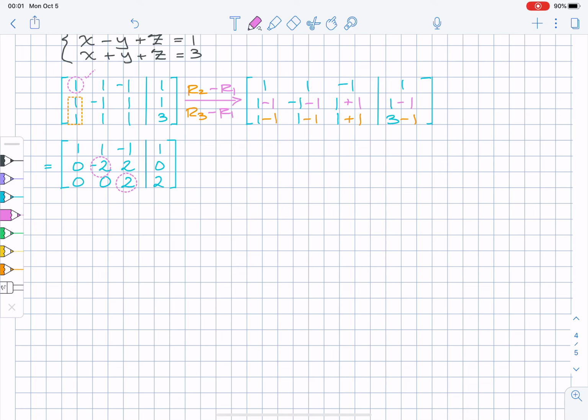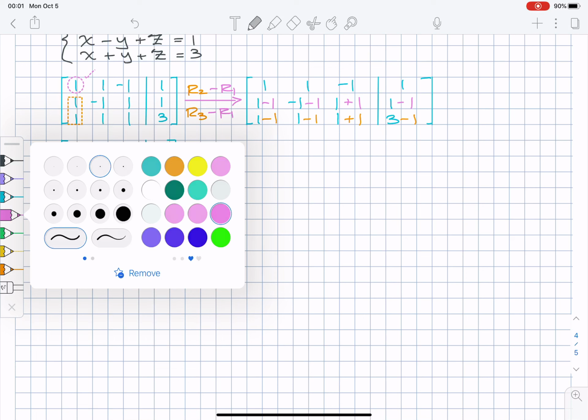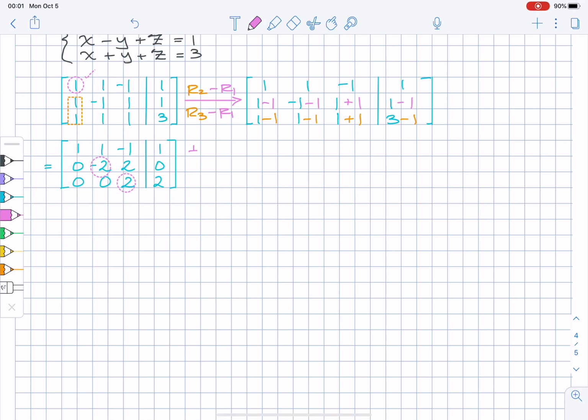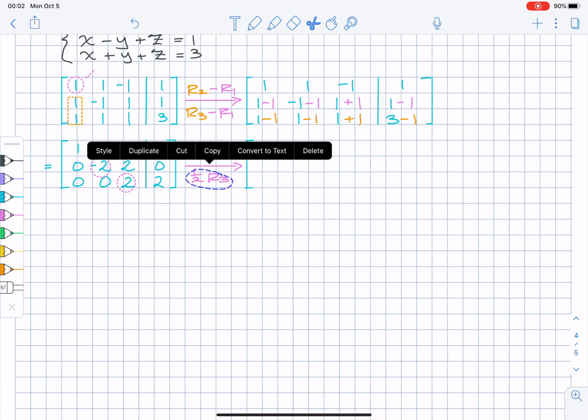I can divide both of these rows by 2. So I'm going to do 1/2 of row 2 and 1/2 of row 3. Actually, let me color code this. Let's do this in orange so it looks a bit different.